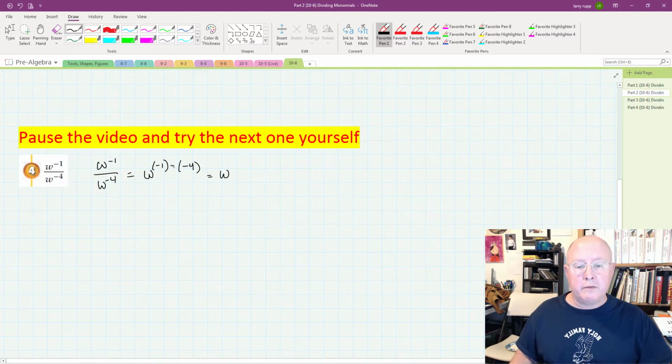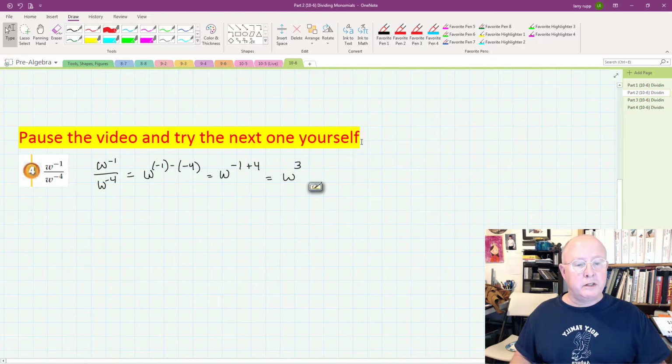Well, again, from before, what's minus a negative? A plus. So we have minus 1 plus 4. Well, that doesn't look so bad now, right? Well, what's negative 1 plus 4? Hopefully we all end up with 3. So this is w to the 3rd power. Yay, and the crowd goes wild.